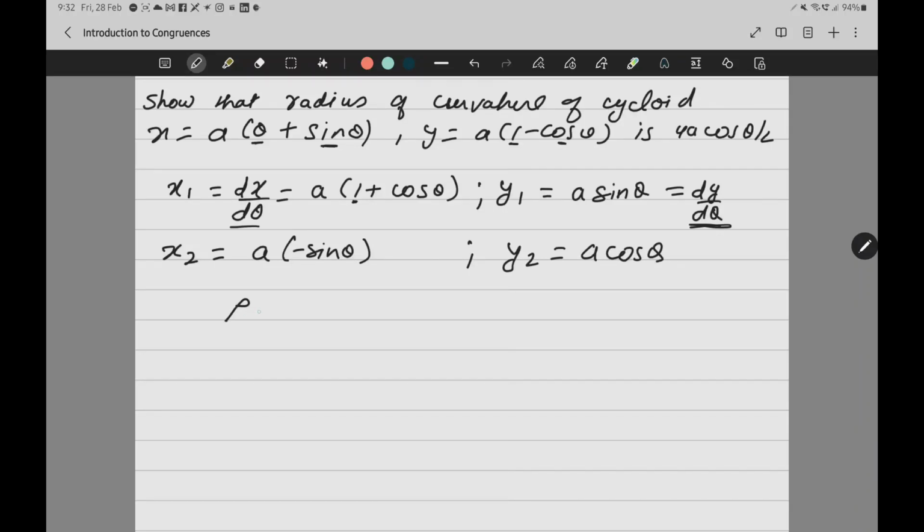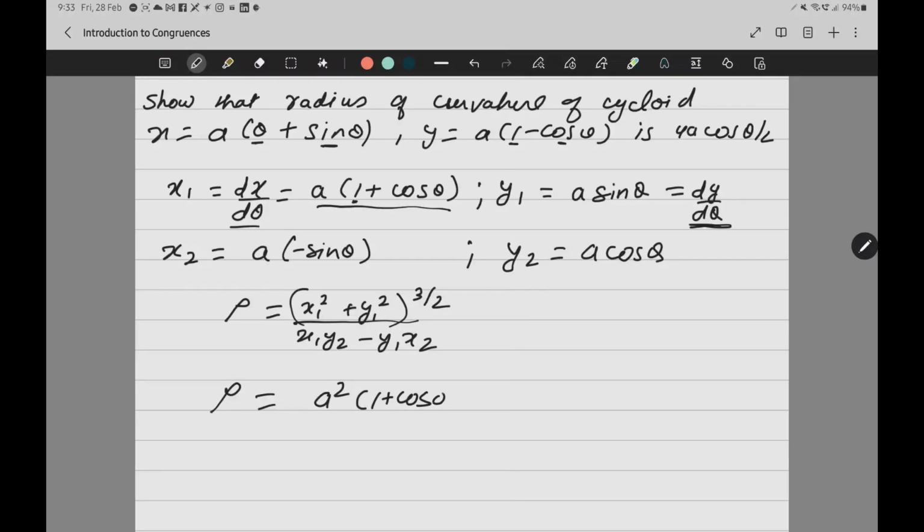Now what is the formula for rho? Rho is equal to (x1 square plus y1 square) power 3 by 2 upon (x1 y2 minus y1 x2). It's easy to remember this formula. Okay, now let us put the values. x1 square means the square of this thing, so a square and (1 plus cos theta) square, plus y1 square, which is a square sin square theta, power 3 by 2.